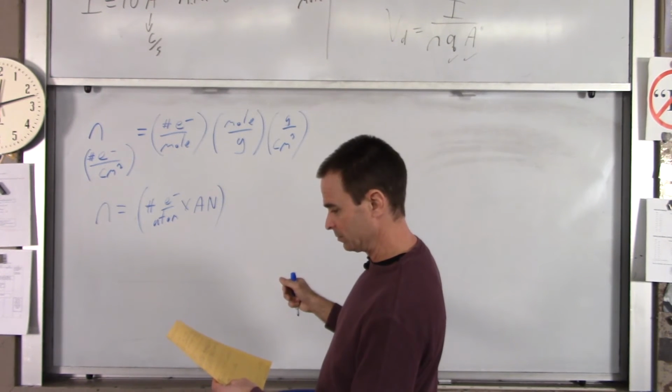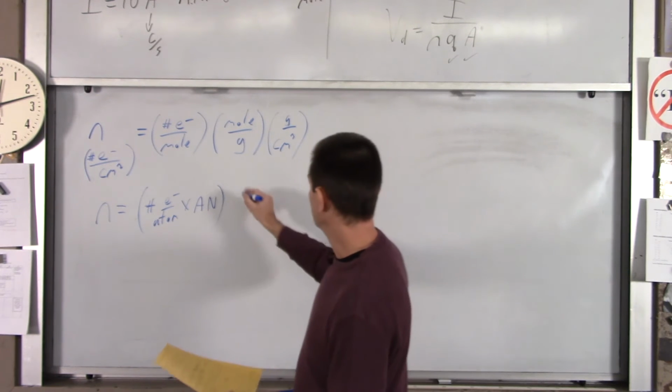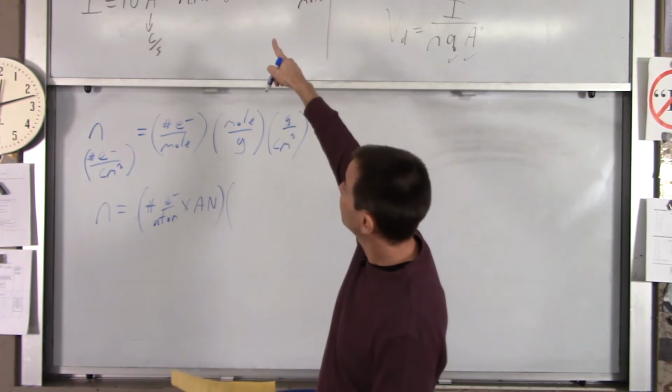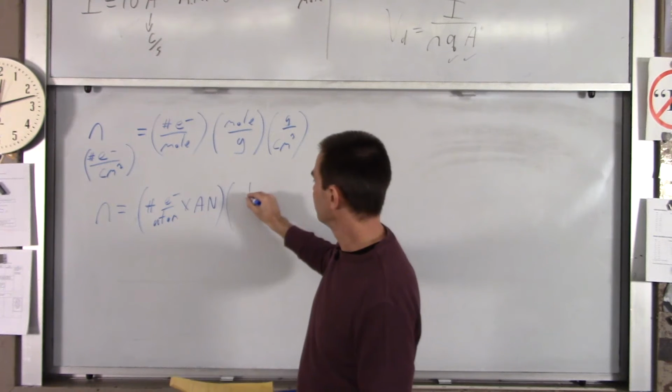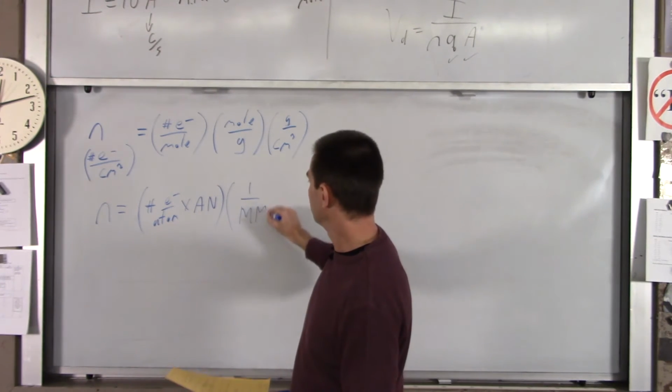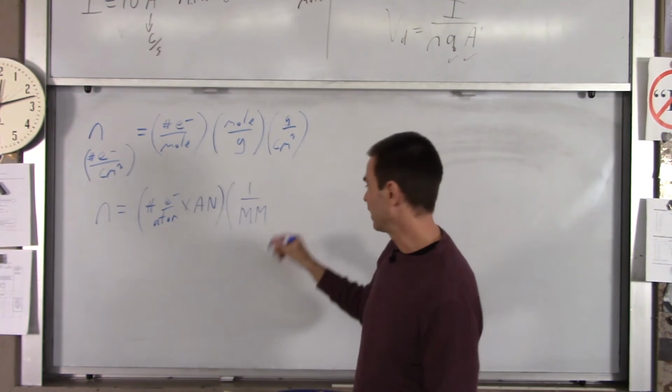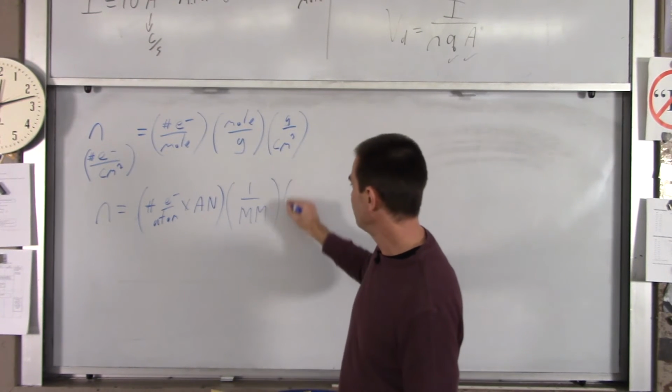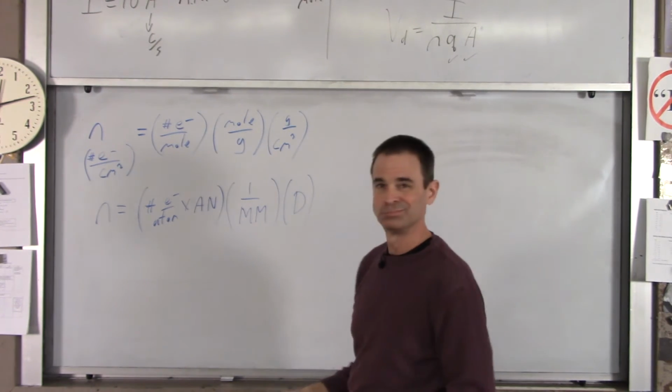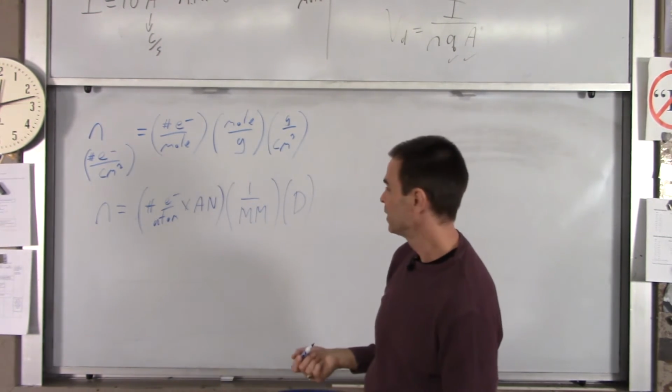Then we are going to have moles per gram. Well, grams per mole is the molar mass, so we're going to do 1 over the molar mass. That'll give us moles per gram. And then grams per centimeter cubed, that's just the density, which you were given in the problem.